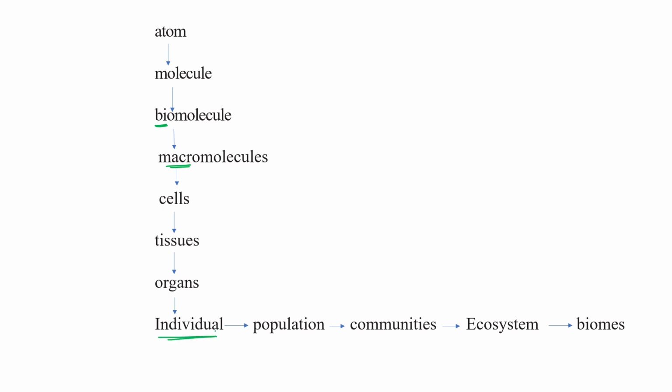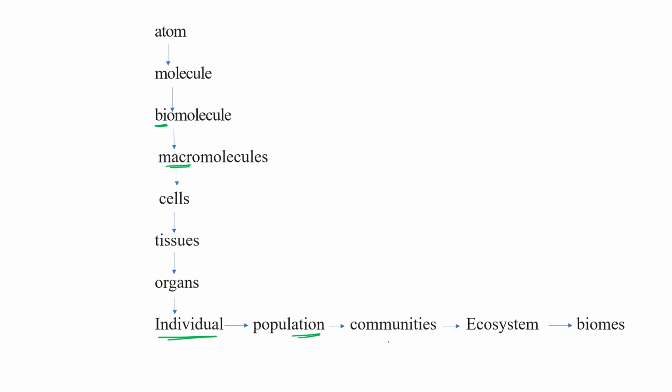At this point of time we can use the term organism level of study. Okay, biological organization. And more than one individual, a group of individuals of the same species, we can use the term population for the same.